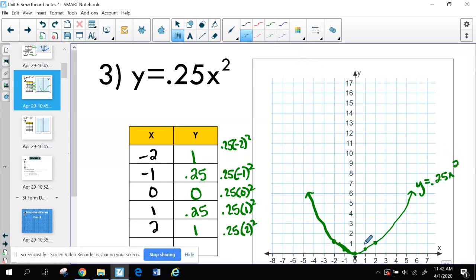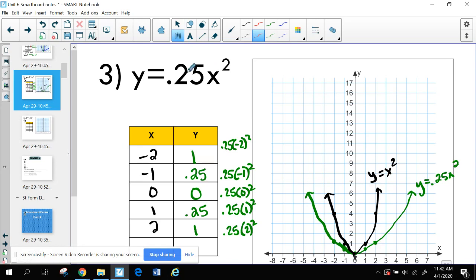You don't need to draw this in, but if I compare this to that parent function that we've talked about, like I said, we're always talking about how these are transformed from the original graph.